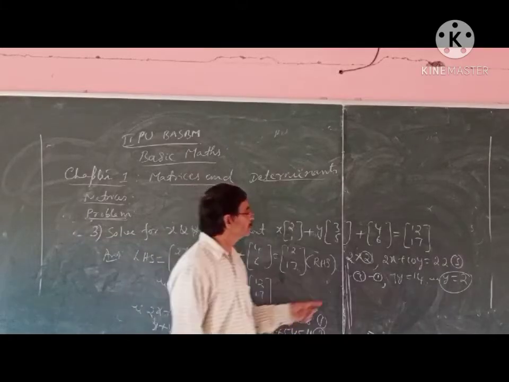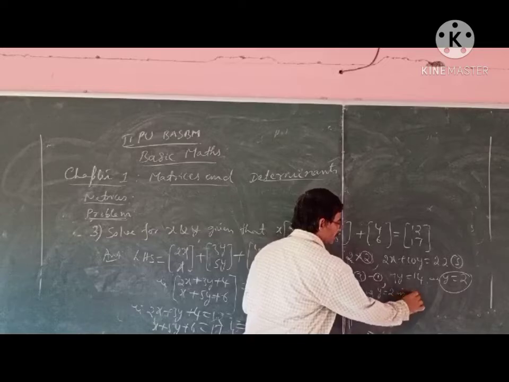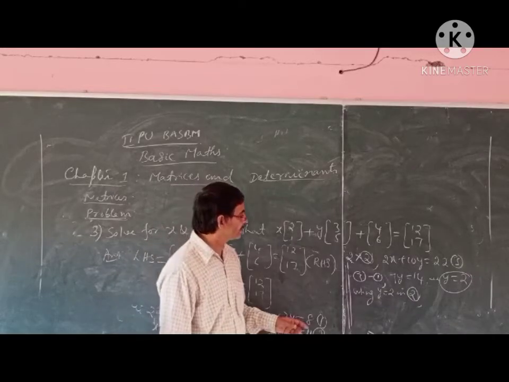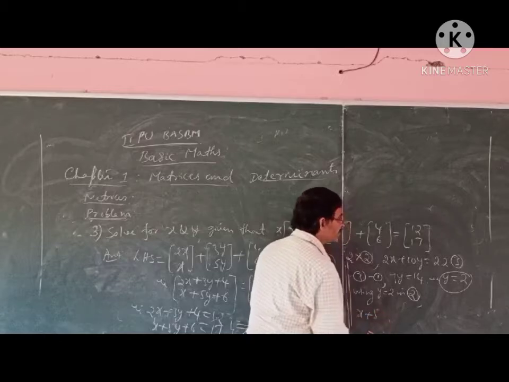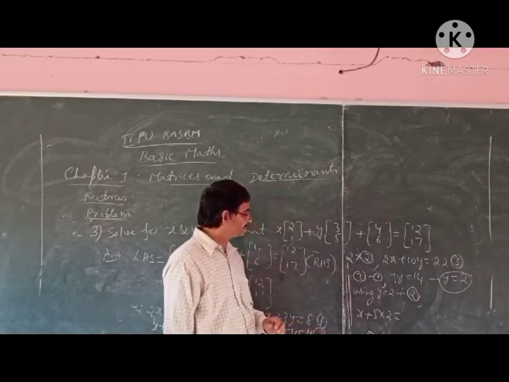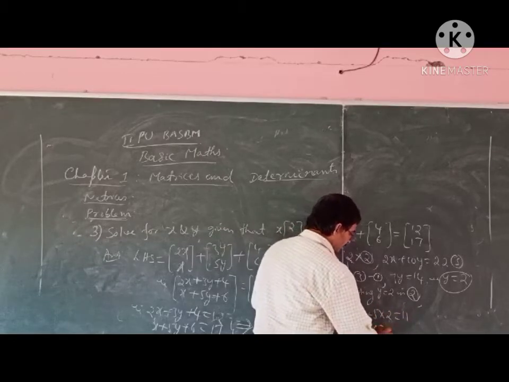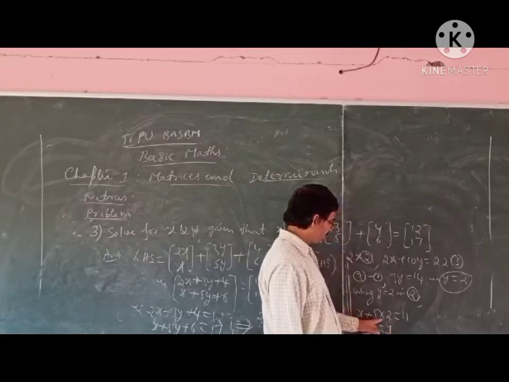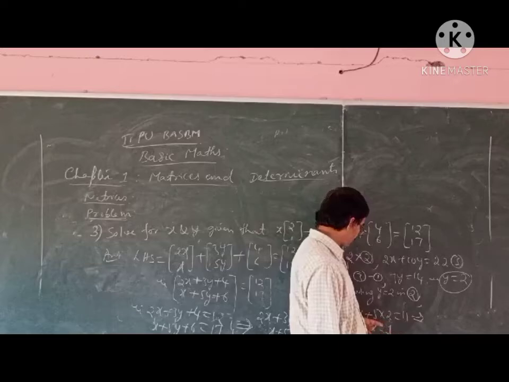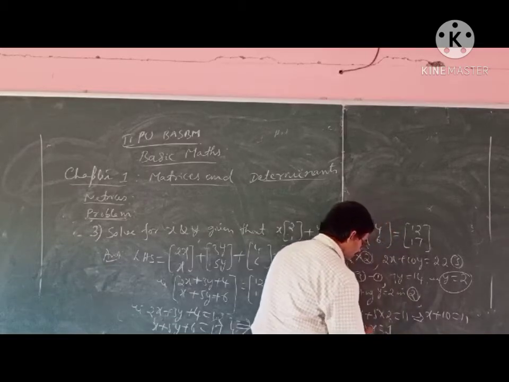From equation 2, using y equal to 2, we get x plus 5y equal to 11, that is x plus 5 into 2. So x plus 10 equal to 11. 5 into 2 is 10. Take it to the other side: x equal to 11 minus 10, that is x equal to 1.